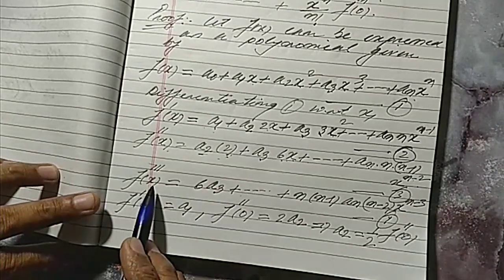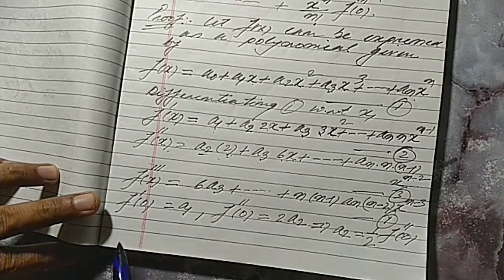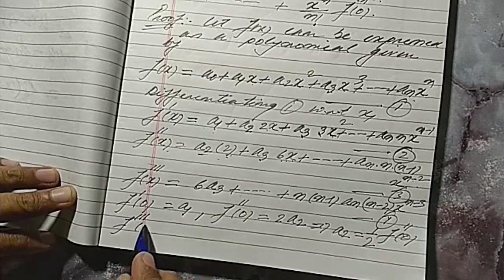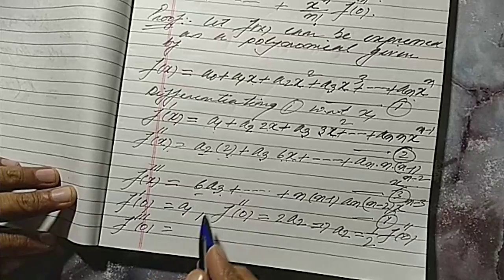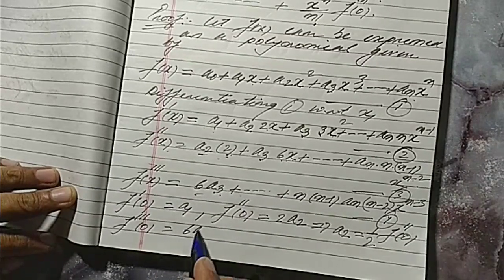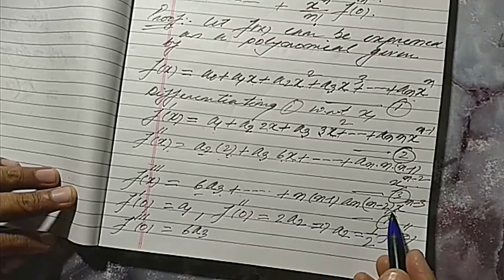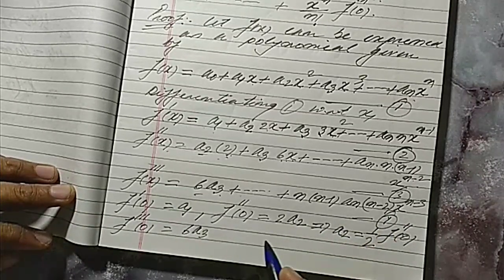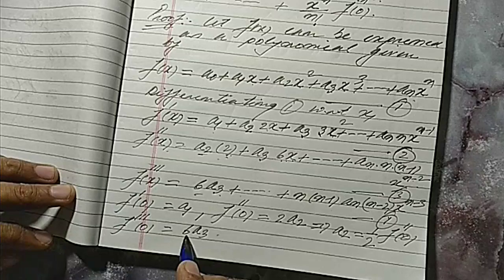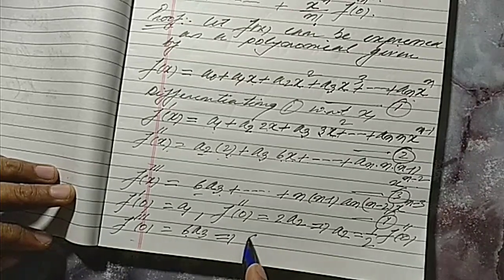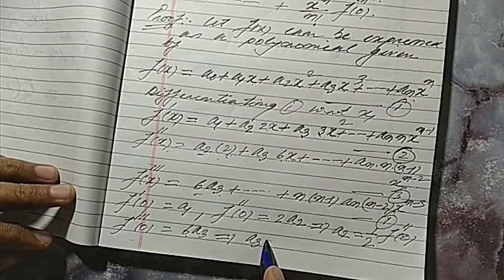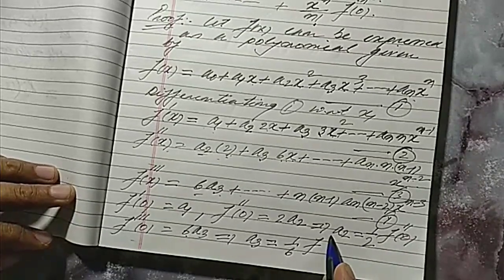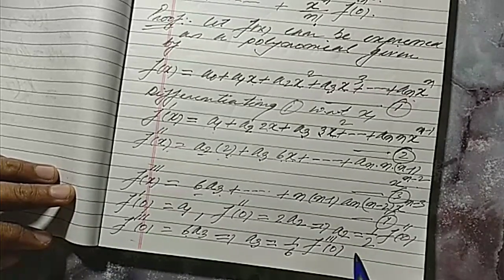Putting x equal to 0 in equation number 4, we have f'''(0), and the first term is constant, so we have 6a3, and the rest of the terms become 0 because they have different powers of x. So transposing 6 to the left hand side, we get a3 is equal to 1/6 f'''(0).